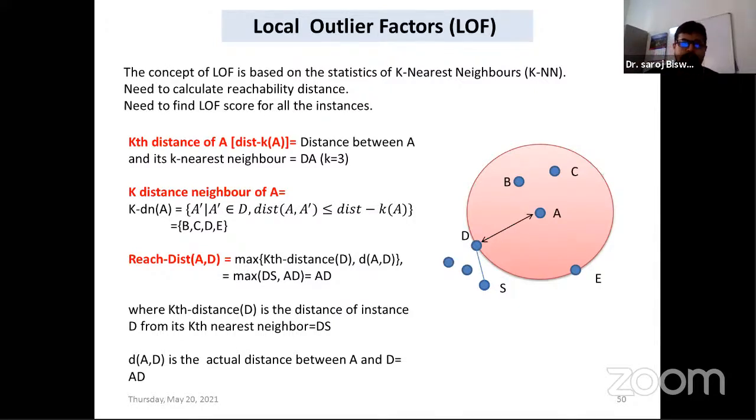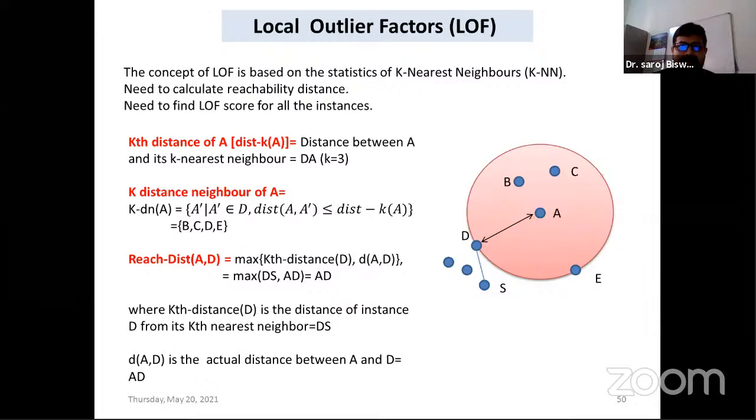Based on the statistics of the k nearest neighbors, we can calculate the LOF score, the local outlier factor score. To calculate LOF, we have certain terms and measures, and we need to understand all of them carefully.